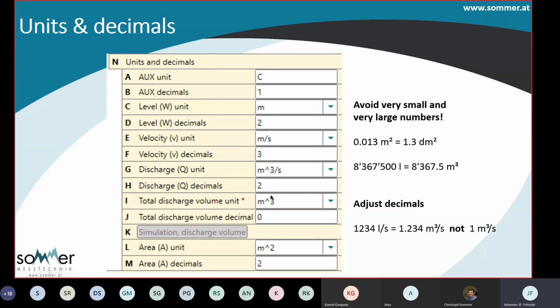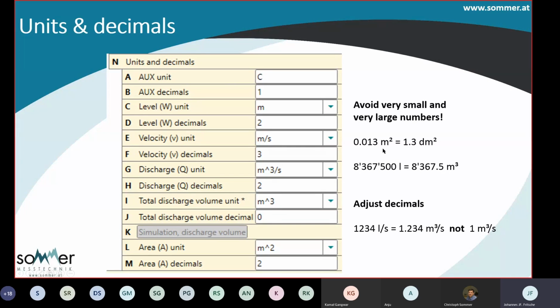What you have to consider here most is the scale of your data that you're going to record. So you should avoid very small and very large numbers. So for example, if you have a square cross-sectional area of 0.013 square meters, you shouldn't use the square meter unit, but instead use the square decimal units.